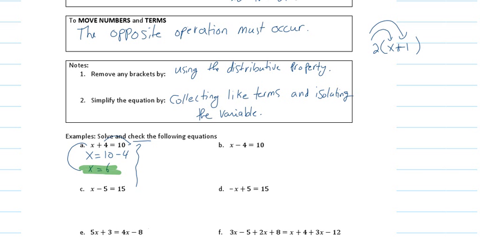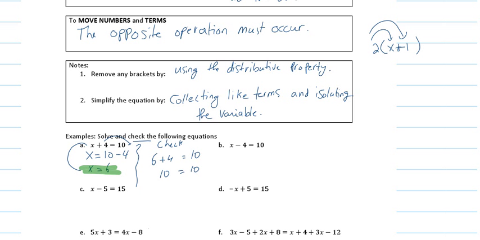When I'm checking, 6 plus 4, I'm just writing the equation as is. What's 6 plus 4? 10. So 10 equals 10. And this should happen. The left side should equal the right side. Otherwise, my equation is wrong, and I've done something wrong. So right now I'm checking that my answer is actually true.